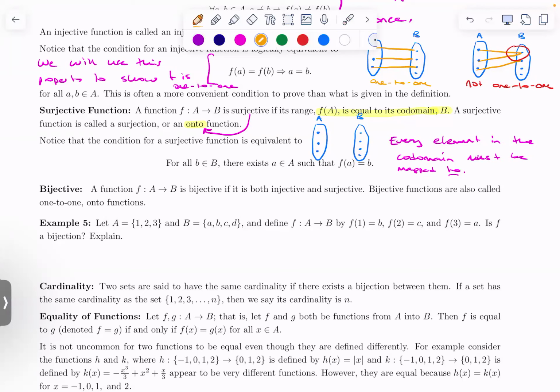Or let's just add an element in A. We don't really do that, but for this, none unused is what that's saying.